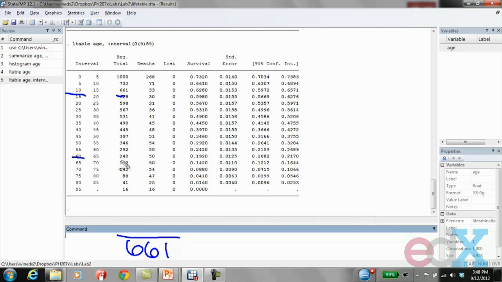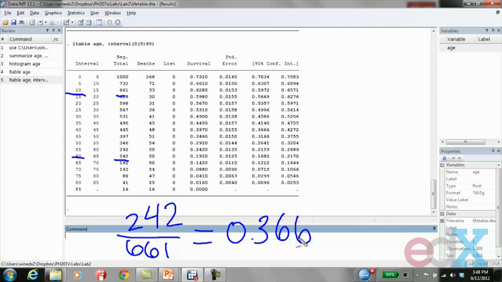We can see that 242 people made it to their 60th birthday or longer. So we can do that math, and we get 0.366. So there's a 36.6% chance that a 10-year-old will survive to age 60.